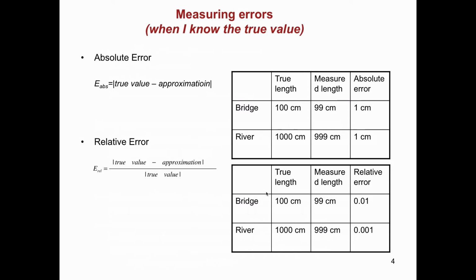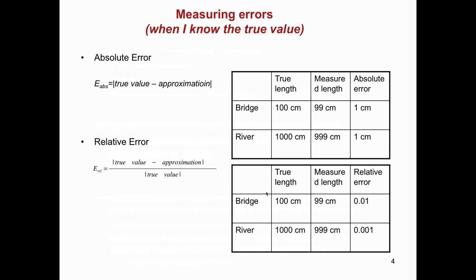Making an error of 1 centimeter when something is 1,000 centimeters long is a relative error of 0.1%, 0.001. Whereas when I make a 1 centimeter error with respect to something that is 100 centimeters long, then my error is 1%.